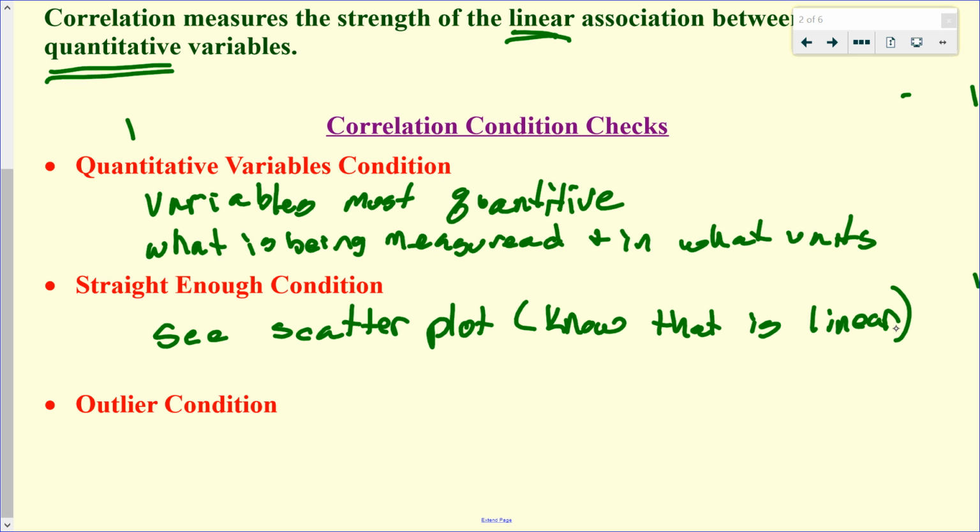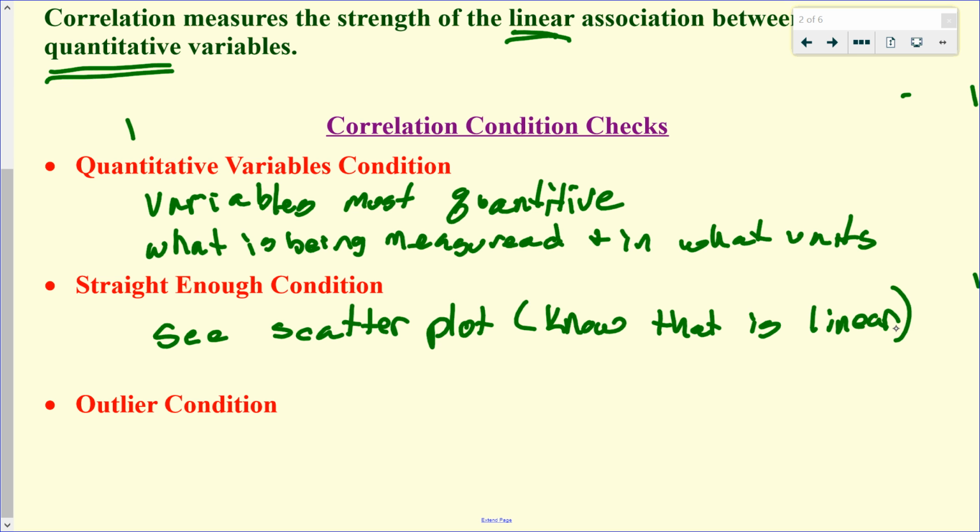Strong associations could end up with very low correlations simply because it wasn't a linear association, so it won't have a good strong correlation, but it could still be a strong association. So remember, correlation is only for linear.